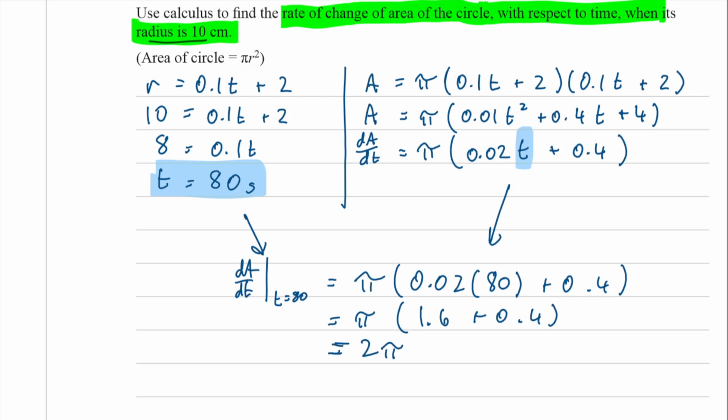So the rate of change of area with respect to time at 80 seconds, which is when the radius is 10 centimeters, is 2 pi.